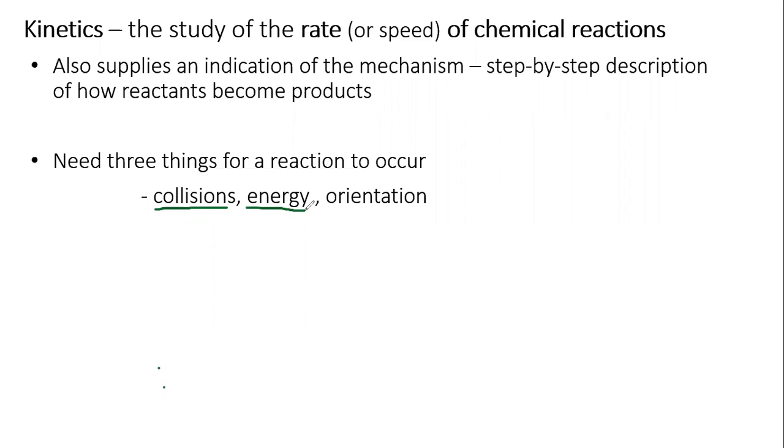Now, not only do they need energy, but they need orientation as well. So the molecules have to be oriented in a certain way so that when they collide with the right energy, they react. And as we'll see throughout this lecture, even if you have the right energy and molecules collide, if they're not oriented the right way, no reaction will occur.